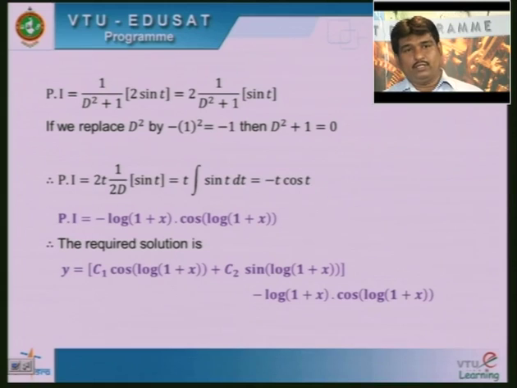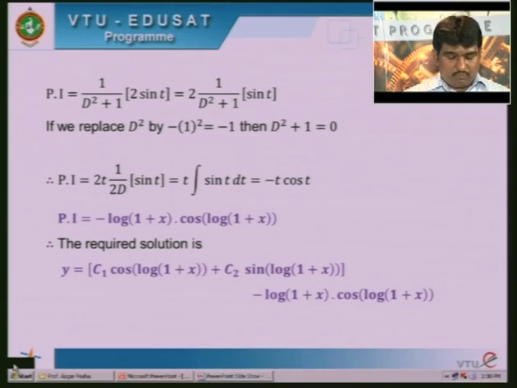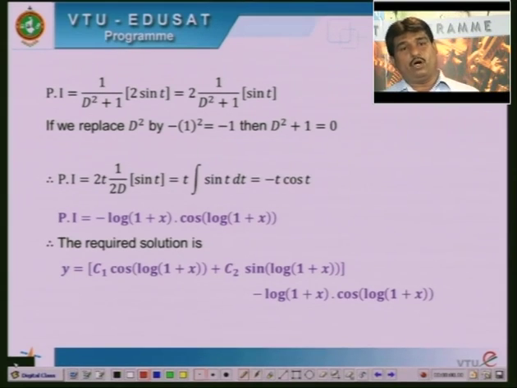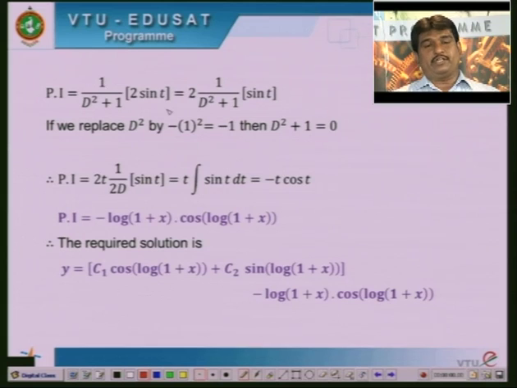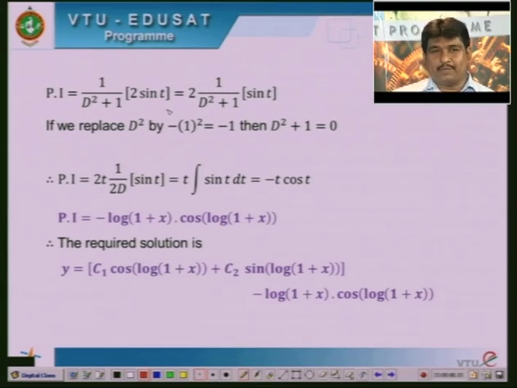Now the particular integral. PI is 1 divided by D square plus 1 operated on 2 sin t. 2 is constant, take it out. 2 into 1 by D square plus 1 operated on sin t. This is of the form sine of ax plus b, and it is type 2.